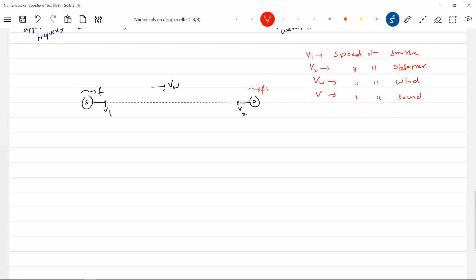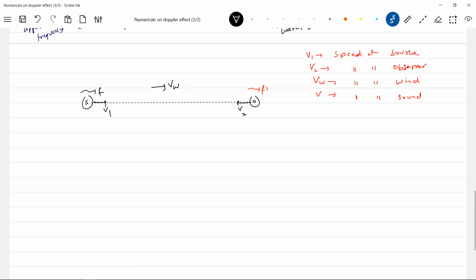The wind can blow in any direction. Now, what is the medium? The medium itself will propagate. Are you able to understand? The effect of wind will be there.